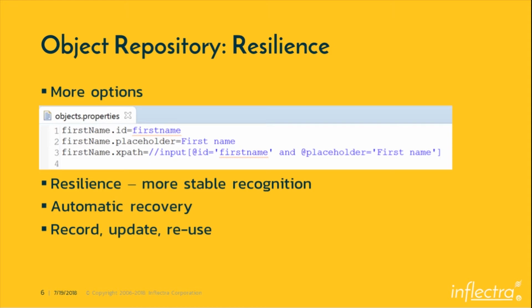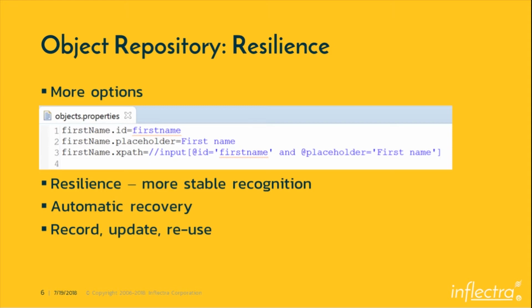So it may contain not only ID but additional attributes helping to locate a specific object. Once we have more attributes, we have a more resilient test, because when we try to locate something, we may try different options to find something on the screen.